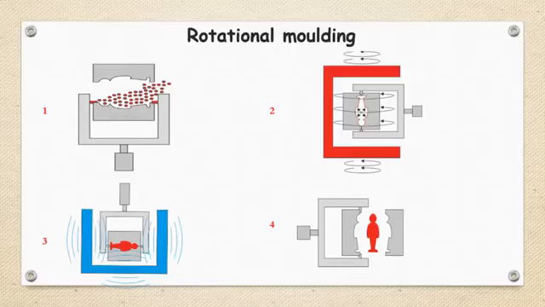The mold is rotated inside the heater at a moderate speed, not too high and not too low. It is rotated in both directions, horizontal and vertical, in any number of directions.